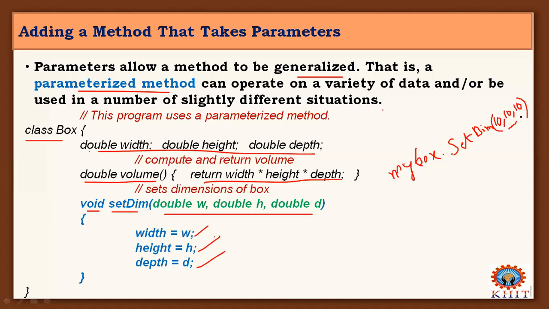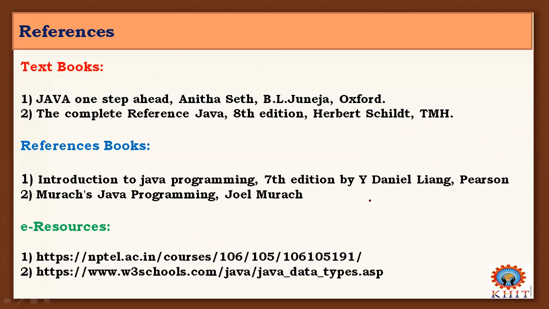You can pass values like this, and these values are copied into these formal parameters. These are called actual values, and you know these concepts well from functions. These actual values are copied into the formal values, and these instance variables are initialized with these values, right? So this is about defining methods inside a class, and these are the references we used to collect the content for this video. Thank you.